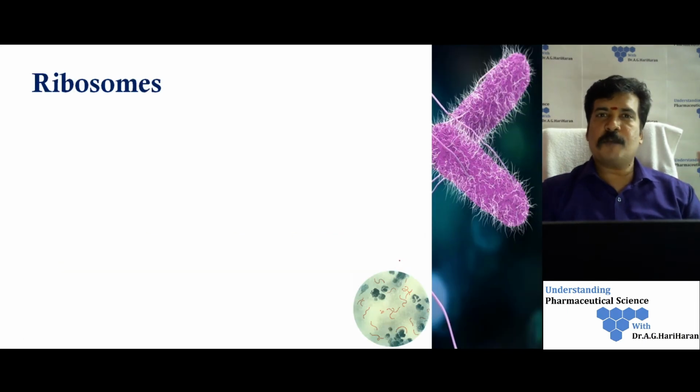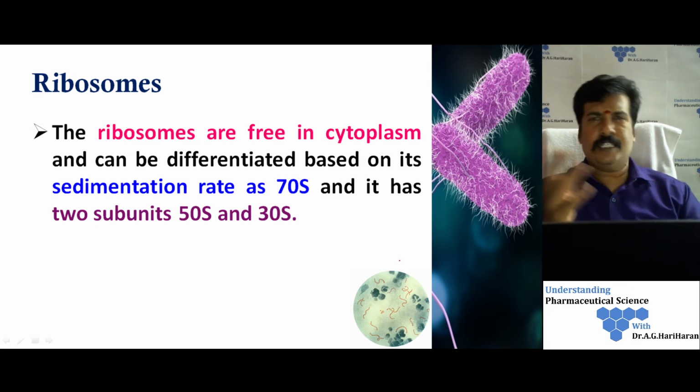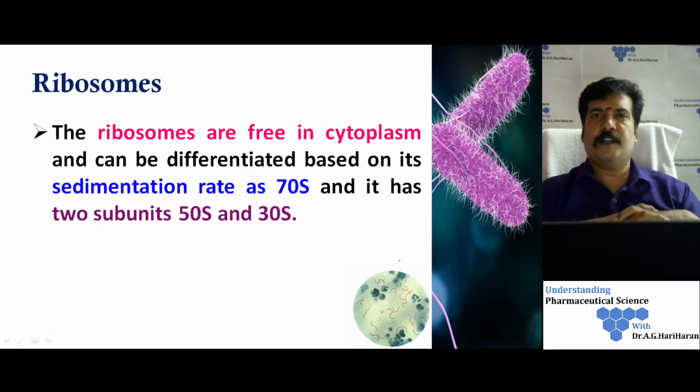The ribosomes are the major granular part we can see in the cytoplasm of a bacteria. They are freely distributed in the cytoplasm, whereas in eukaryotes some ribosomes are bound to the endoplasmic reticulum, which we call rough endoplasmic reticulum, and some are free, whereas in prokaryotes the ribosomes are free in nature.